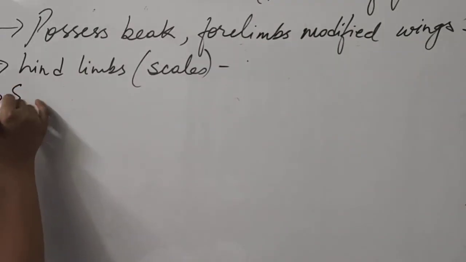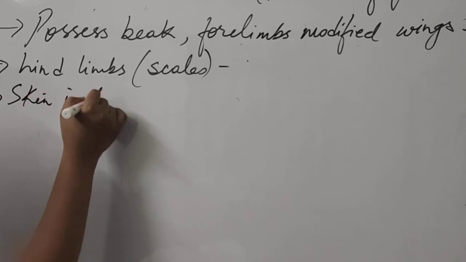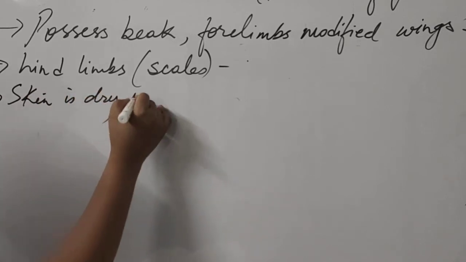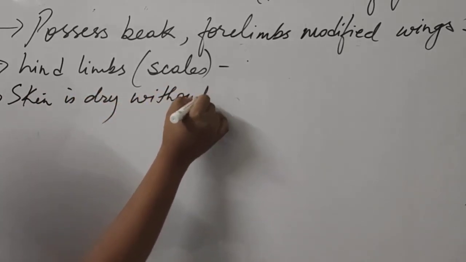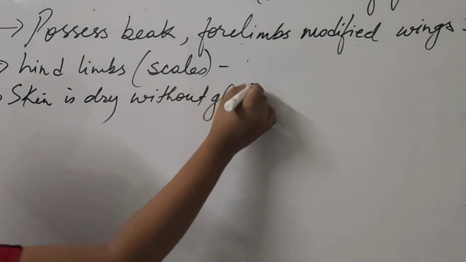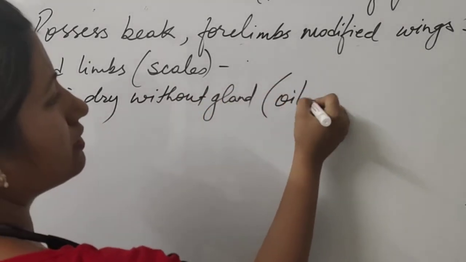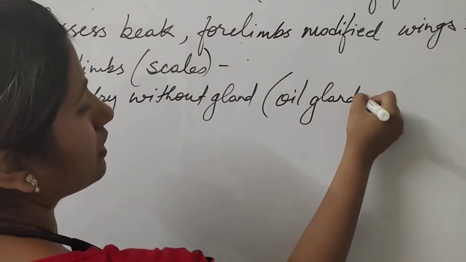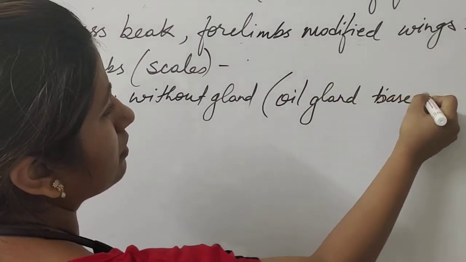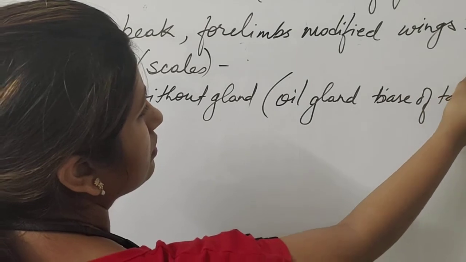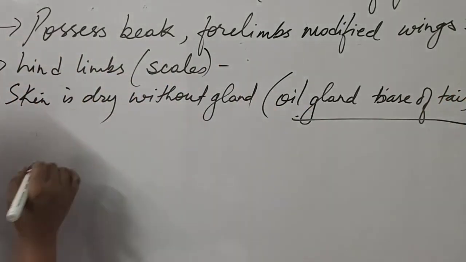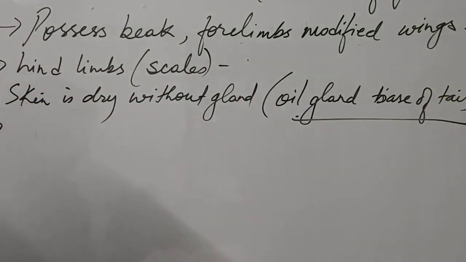Skin is dry without any gland, like how in our skin we have sweat gland and oil gland. But they have an oil gland only in the tail. Okay, tip of the tail or base of the tail. Only in that place. In the rest of the skin, they don't have oil gland.